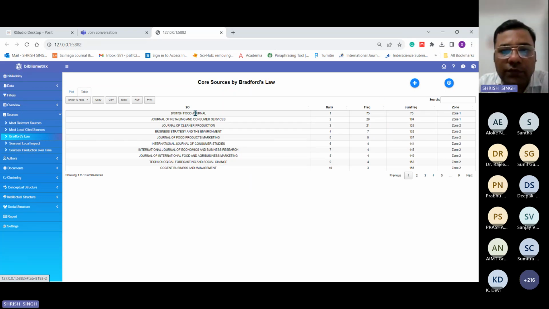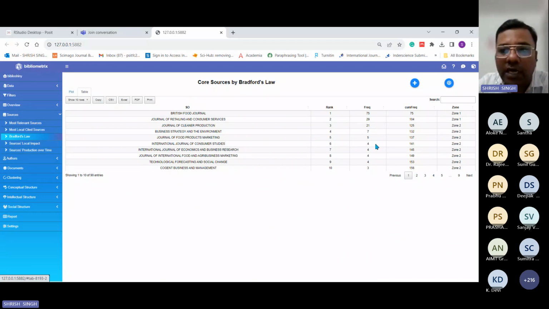You can see that British Food Journal is on rank number one, right? Rank number one, rank number two, there are two journals which have a frequency of 75 and 29, meaning only two journals are there which have more than 100 articles in themselves, while all the other journals do not have this many articles.